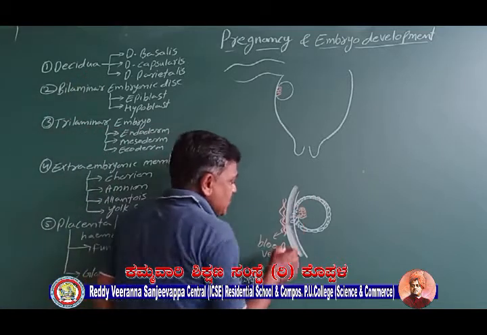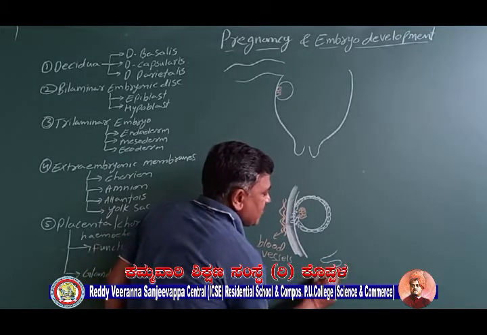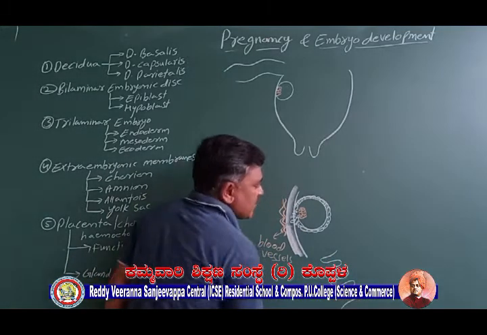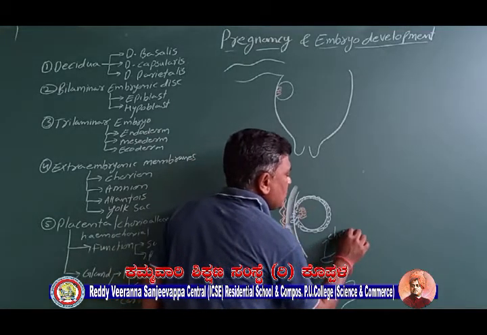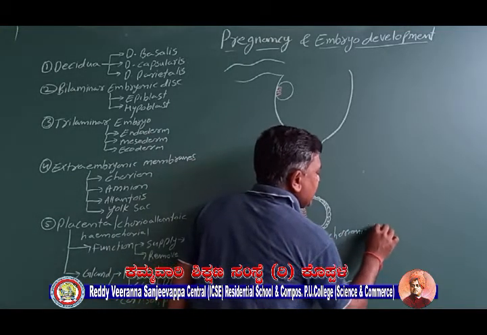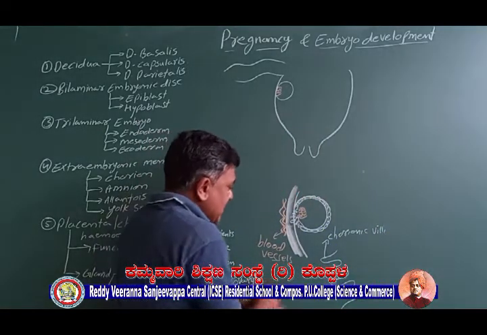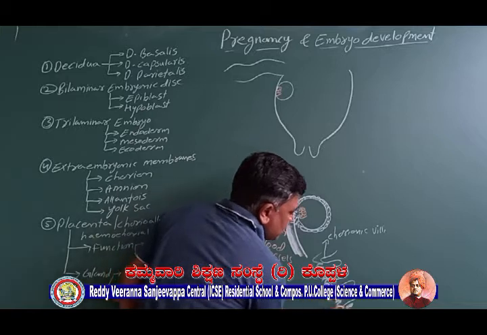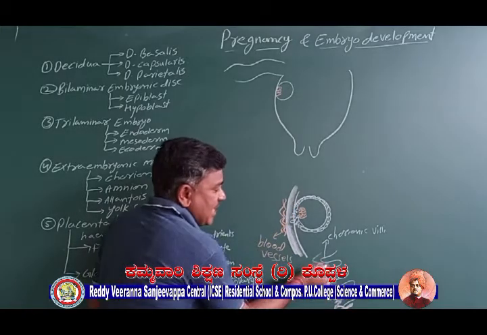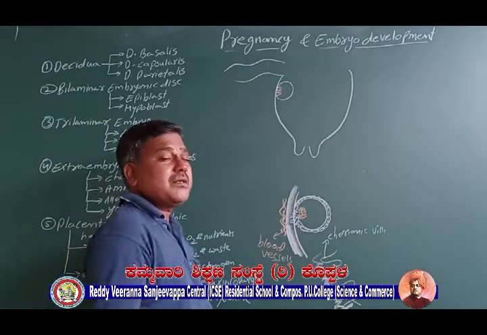Now these cells which developed into finger-like projections are called chorionic villi. These chorionic villi are present and attached to the endometrium. So this region helps in development of the placenta.